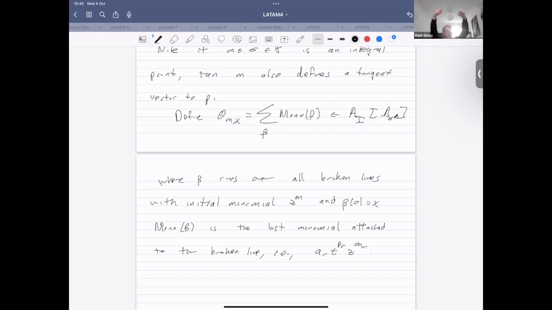Okay, so we take a look at all the broken lines coming in the direction m. There can be many of them because you have all these choices to make. And you look at those which end at the point x, and then you take the sum of all the final monomials.